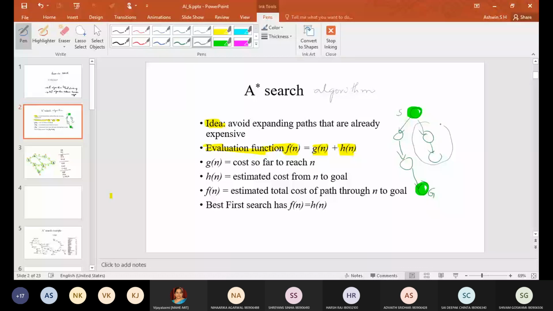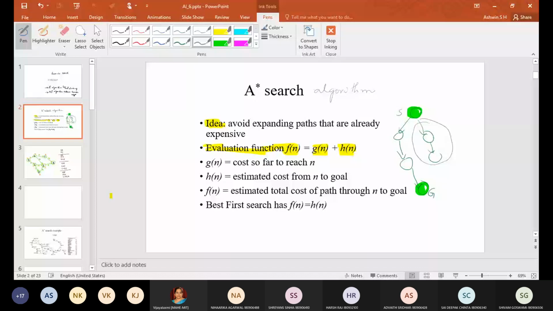You should not select this path. Every time you have to see the optimal way of reaching the goal, that is, how to minimize the cost. This is what you have to think and proceed. That is what the A star search algorithm is.